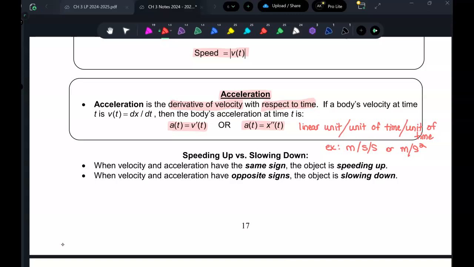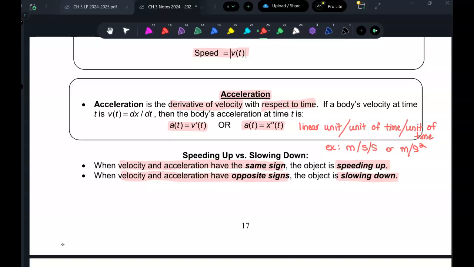All right, speeding up versus slowing down. When velocity and acceleration have the same sign, your object is speeding up. When velocity and acceleration have opposite signs, it is slowing down. Think about throwing that ball up in the air.